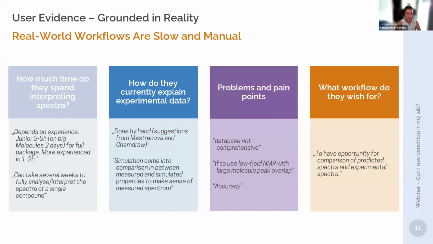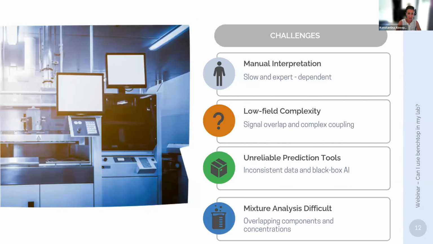And finally, it was really clear that the NMR users would like to have a tool and find an easy way to compare the predicted with the experimental spectra and quickly verify whether the proposed structure matches the data or not.